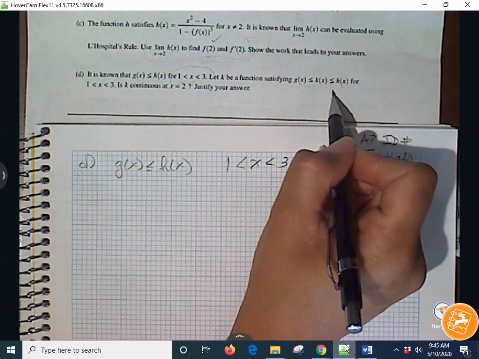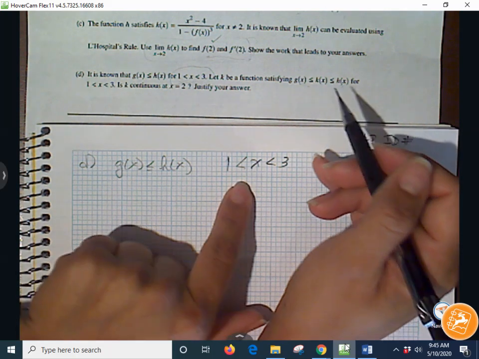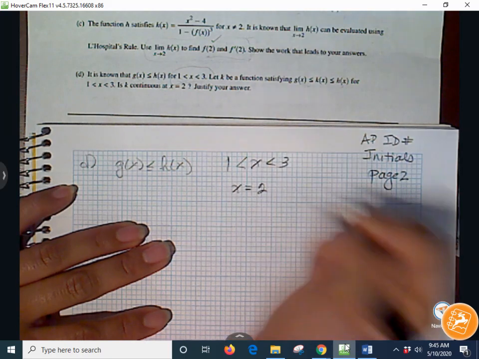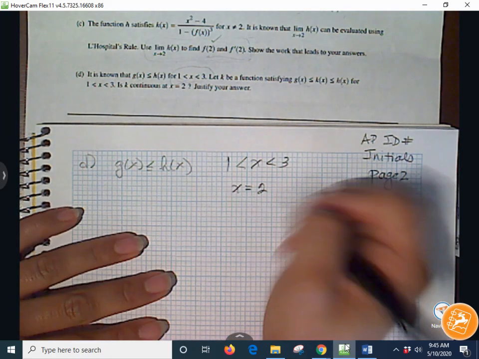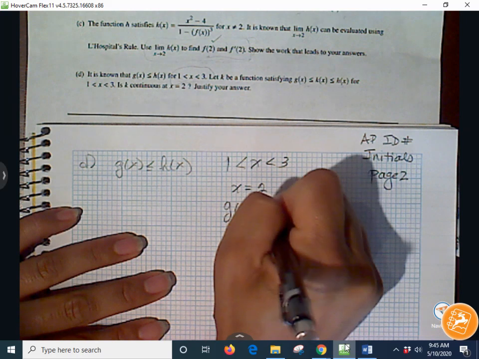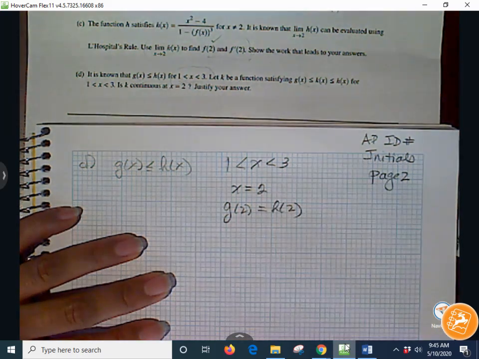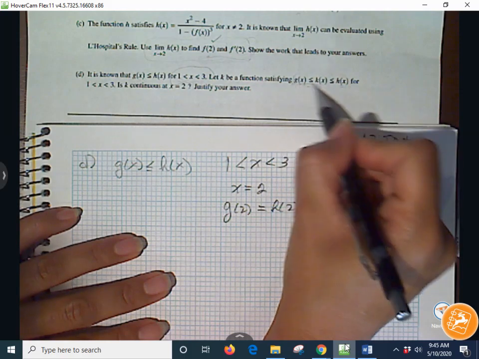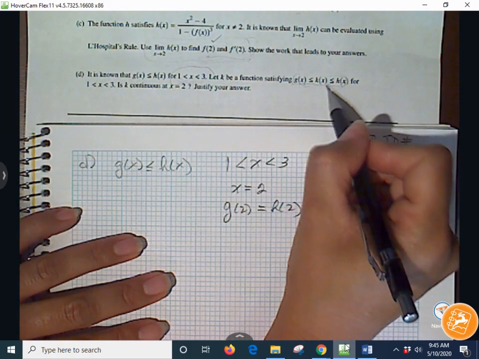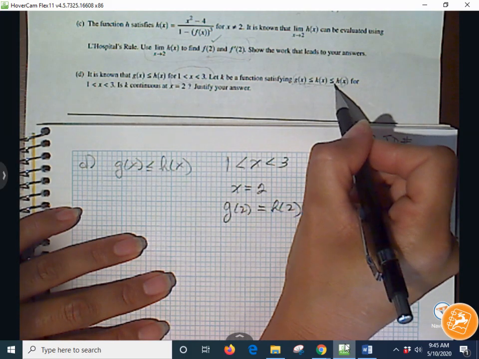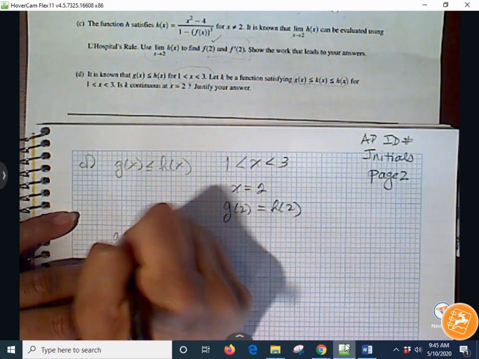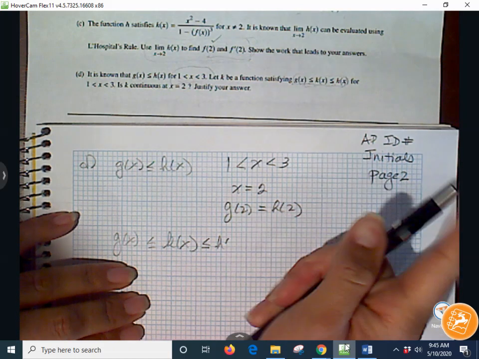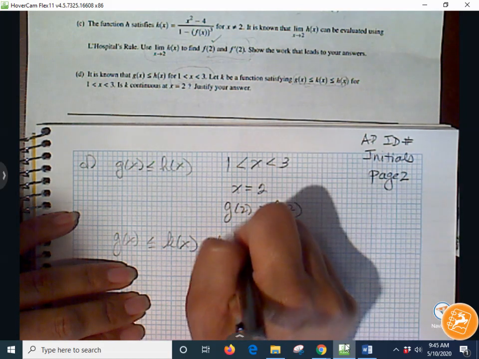Now, they had equal to because, remember that when x is equal to 2, they are actually equal to each other. Let k be a function satisfying this. So now that means k is in between or equal to, because there's equal to all the way across. So you have g of x, k of x, h of x.